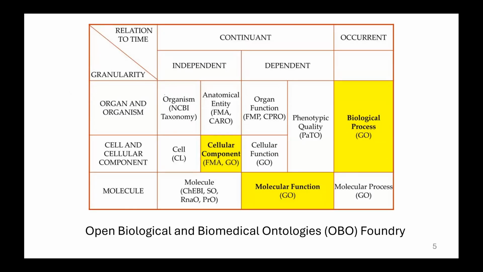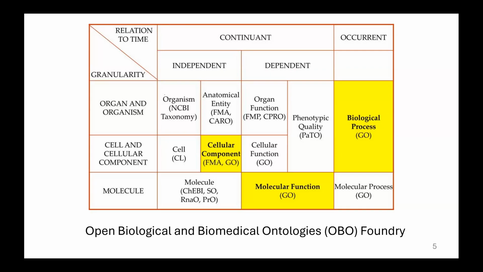We have an ontology of organism types, which is a taxonomy. We have an ontology of cellular components. We have an ontology of phenotypic qualities. Each of these ontologies is built in the same way, using the same basic structures, and they all talk to each other so they can share the same definitions.